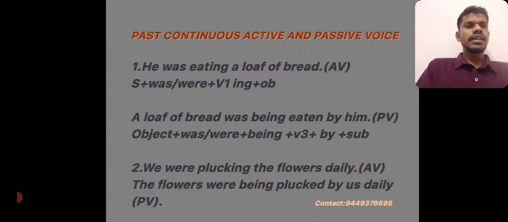So I have taken the flowers were, because the object is plural, so I am taking were plus being, then plucking becomes plucked, that is V3, pluck, plucked, plucked. So V3, that is past participle, followed by the preposition, that is by, then the subjective pronoun we becomes us. So that is the answer for the above sentence.